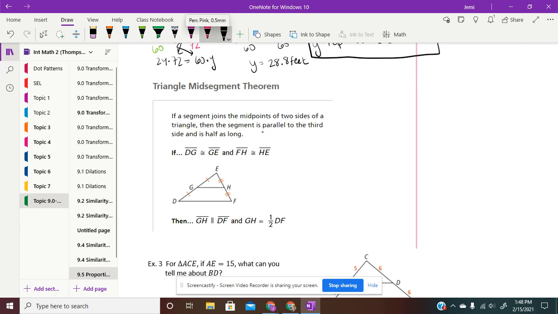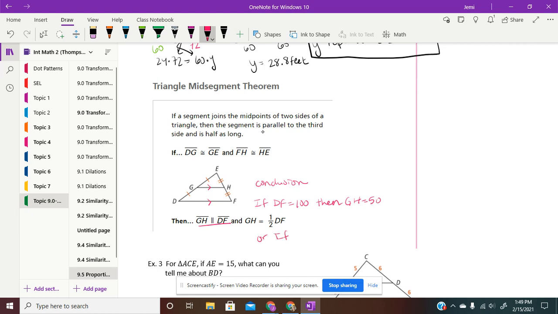So the conclusion here is that GH is parallel to DF. And if DF is 100, then GH is half of that, 50.